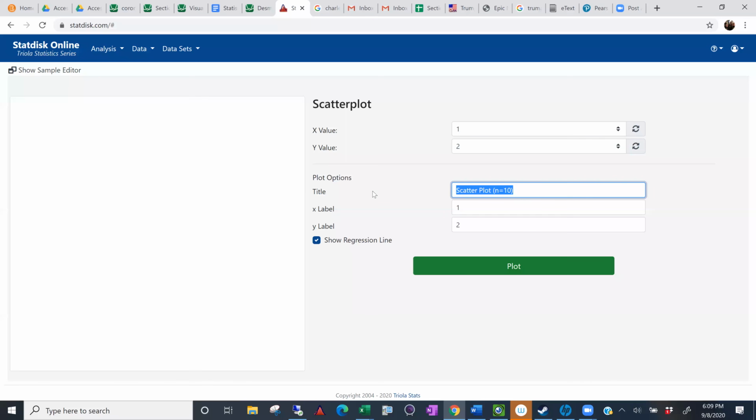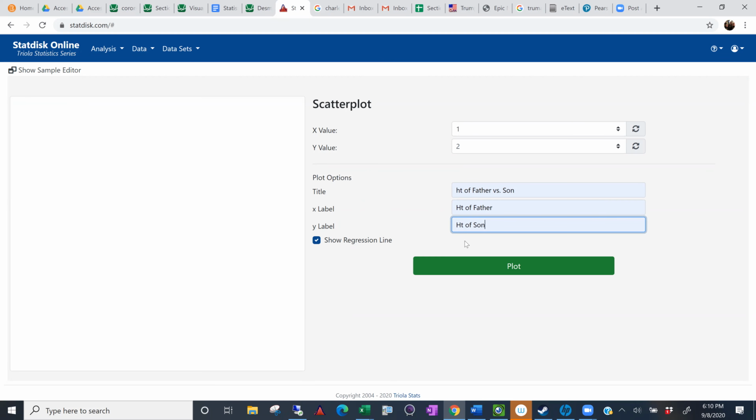Now you can do yourself a favor and actually label these things, plot options. So, height of father versus son, for instance. On the x-axis was the height of the father, and on the y-axis is the height of the son. It's not a bad idea to put these things in there. That way you know them and you can make a better interpretation of the data you get.